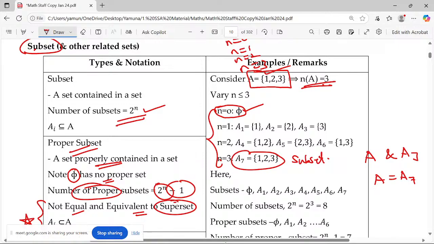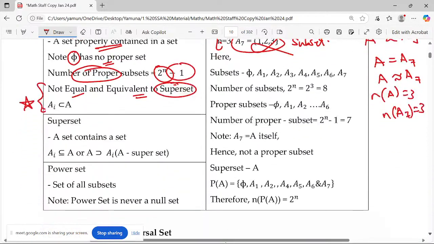Containing the same elements. A contains 1, 2, 3. A7 contains 1, 2, 3. So you cannot call this a proper subset. And what about an equivalent set? We used this symbol, an approximate-like symbol. n of A is 3 and n of A7 is also 3. It happens to be an equivalent set. So we cannot say this is a proper subset. This is a subset alone.